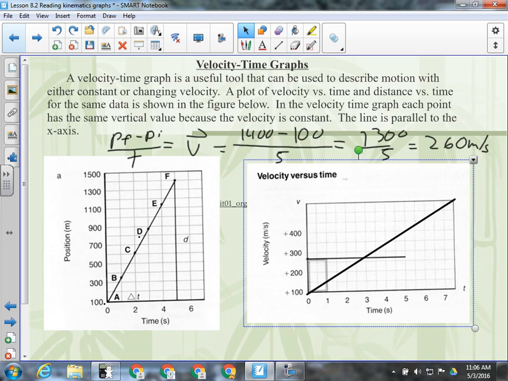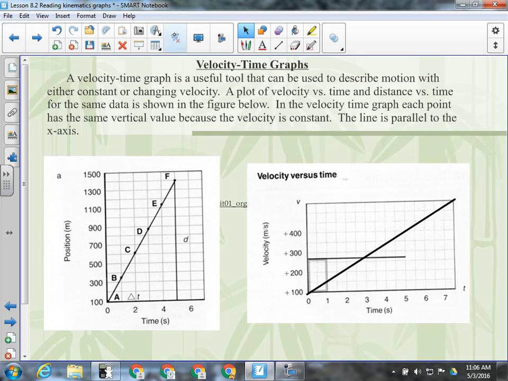Okay, well, we just saw that we have an acceleration formula that looks like this. What's on my y-axis? Velocity, right? What's on my x-axis? Time.